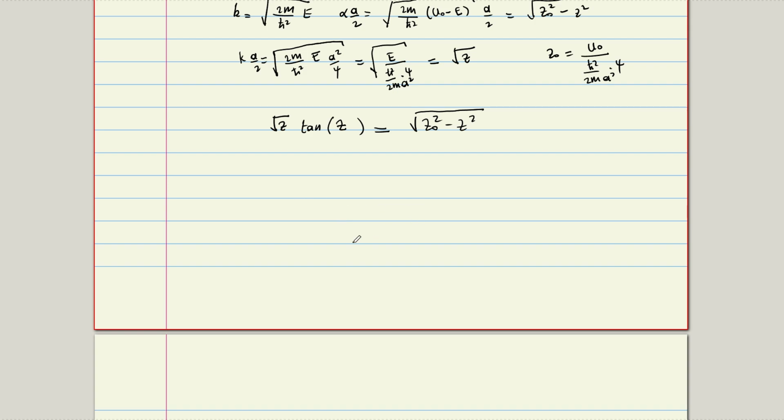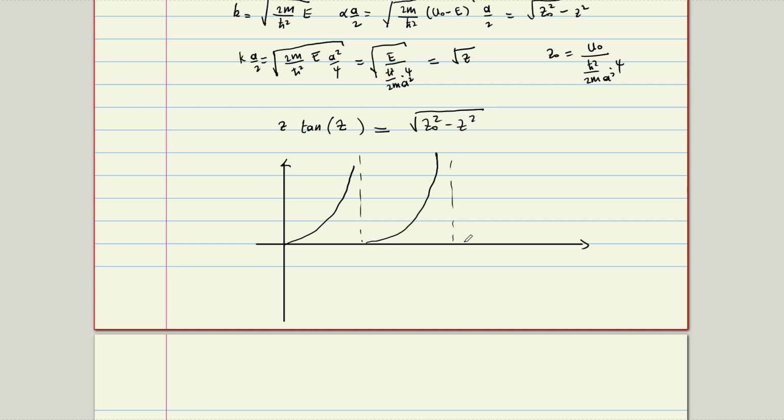Let me write here what happens. So here's the graph. Basically we have two lines. One is z tangent z, going to be something like that, and another one here, and then another one like that, right?